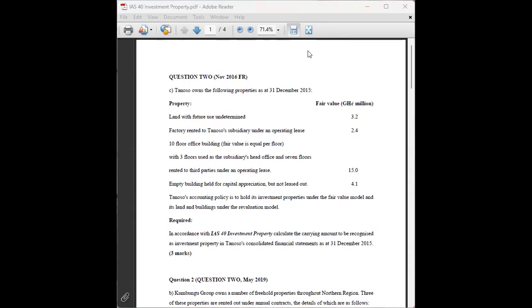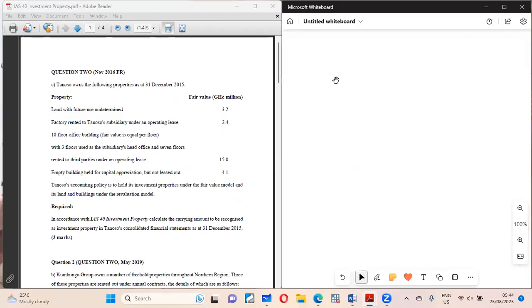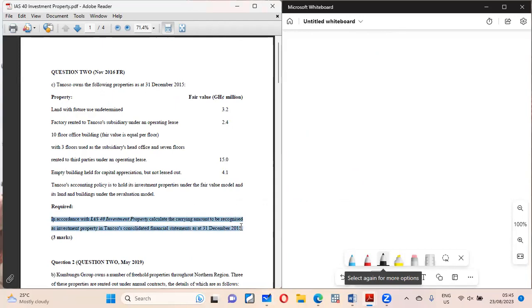Let's look at this question quickly, then we go. Now, this is an FR question. Like I always say, FR helps you to think so that when you get to corporate reporting, that one becomes easy. It says Tanoso owns the following properties. And the requirement of the question is that in accordance with IAS 40, calculate the carrying amount to be recognized in the accounts as at 31st December 2015.